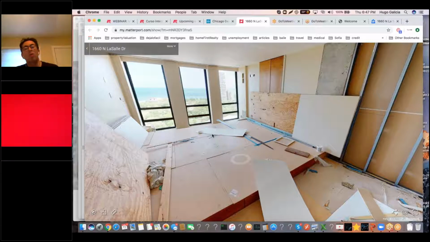First of all, on the MLS, I see that the unit below and the unit farther below got rented like last year. Second of all, when we did the closing, we reviewed the bylaws and nowhere does it say that rentals are not allowed.